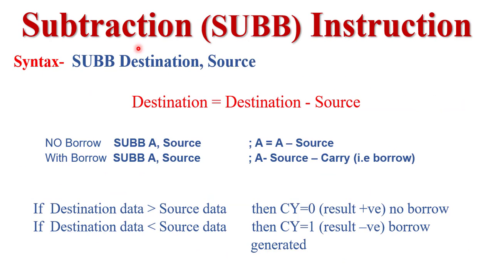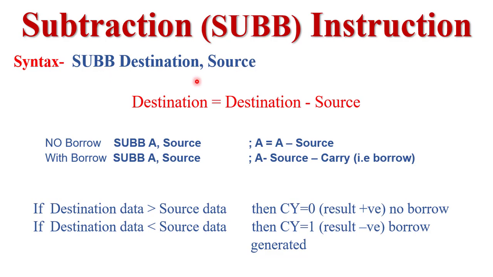Now the next instruction is the subtraction instruction. This is the code of subtraction instruction, SUBB. In case of the 8051 microcontroller, subtract with borrow and simple subtraction, both opcodes are the same, that is SUBB. So the syntax of this instruction is SUBB destination comma source.